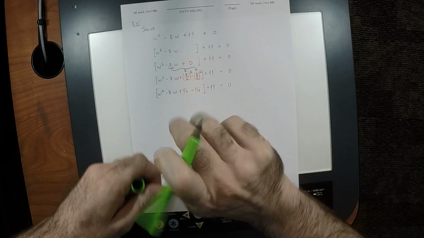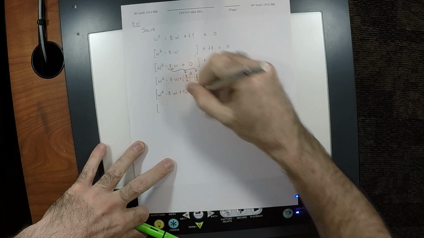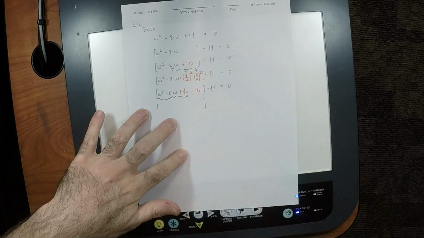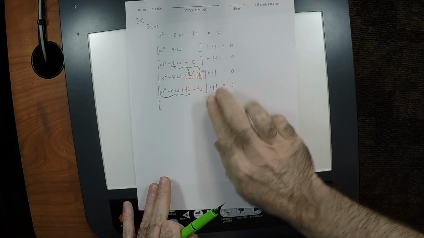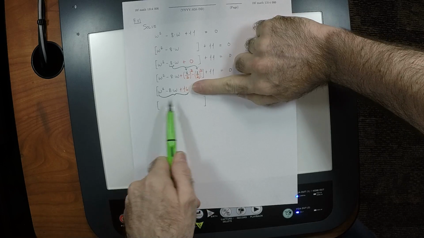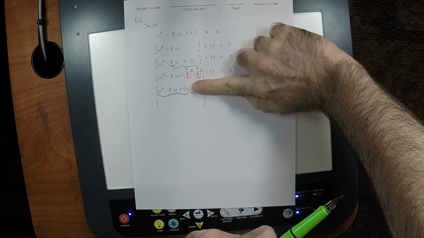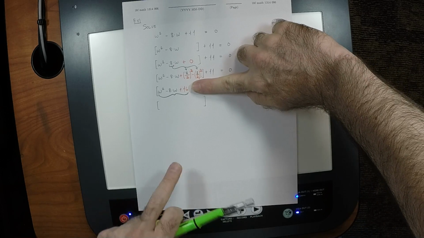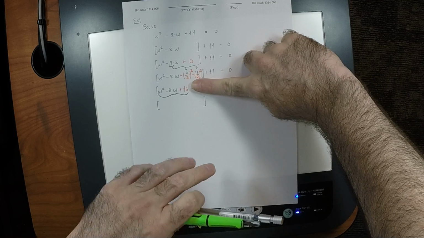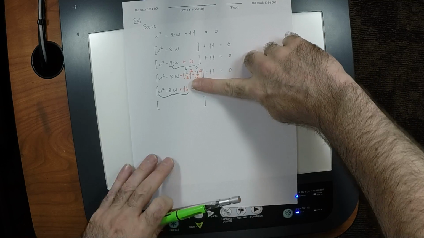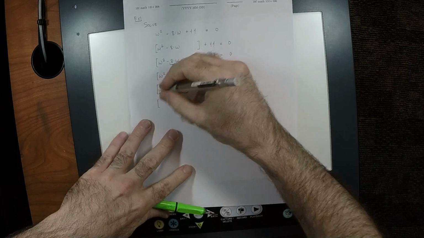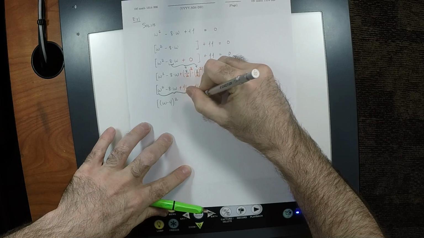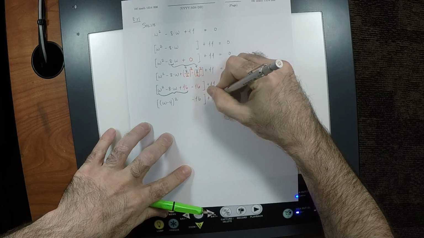Now, I'm going to ignore everything else and just look at those first three terms. Do those first three terms factor as a quadratic? They do. How do they factor? W minus 4 multiplied by W minus 4. So I could write it as W minus 4 all squared. I still have this subtract 16 and add 11 like that.